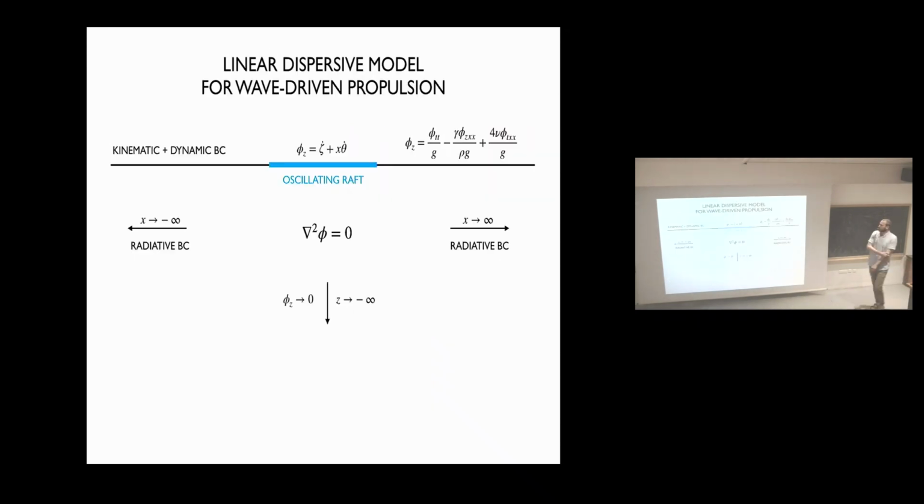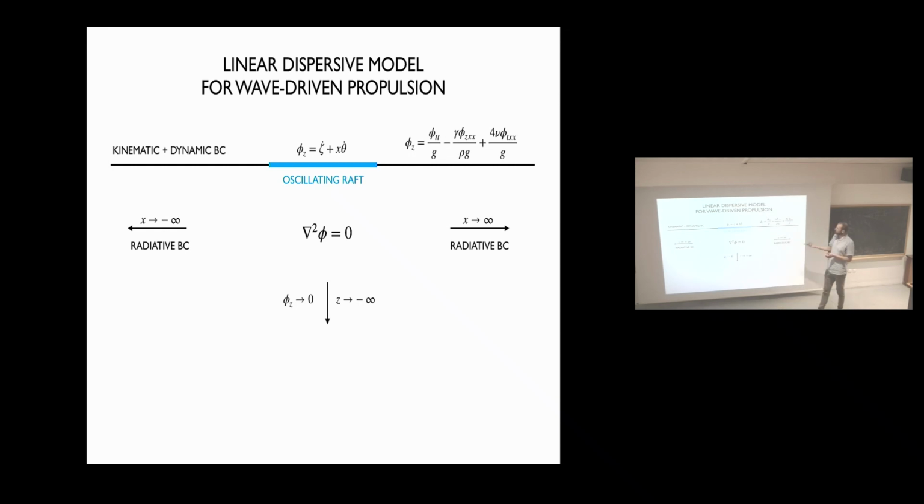Okay, so now we're basically trying to revisit this, but properly, using a dispersive model. When I say properly, I mean I'm still talking about potential flow rather than including vorticity and so on, but at least with a potential flow model, you can include the dispersion of the waves.